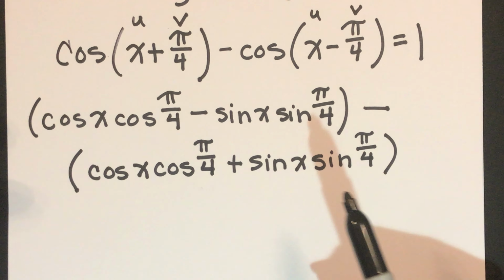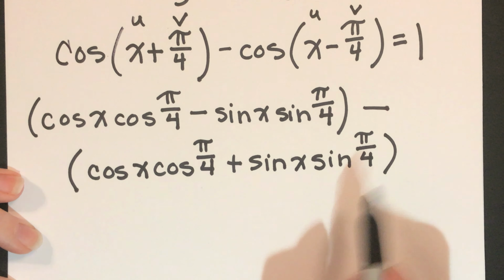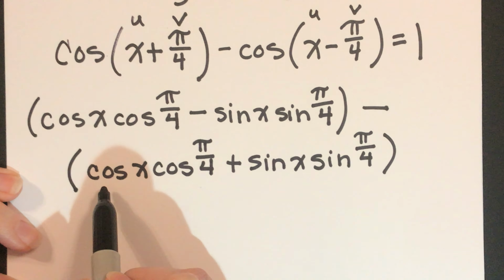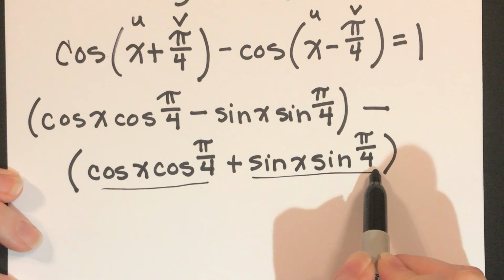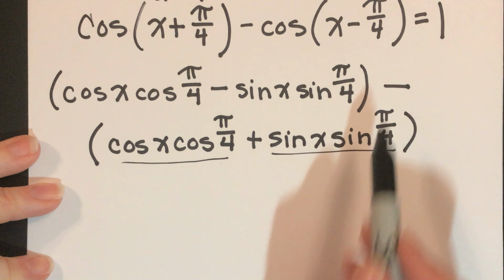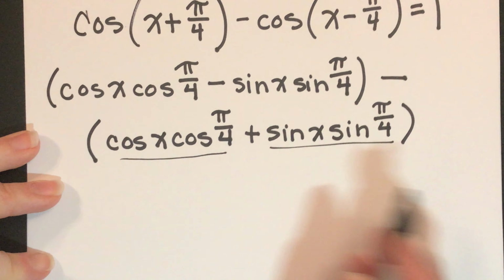Okay, so now remember, we must apply this negative to both things in here, right? This is going to be a term and this is going to be a term, so both of these will become negative. So let's distribute that and then rewrite this all together.